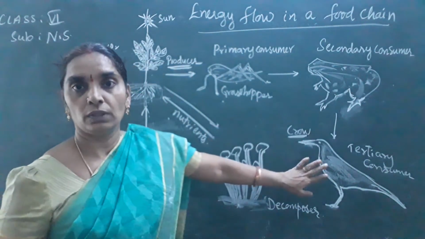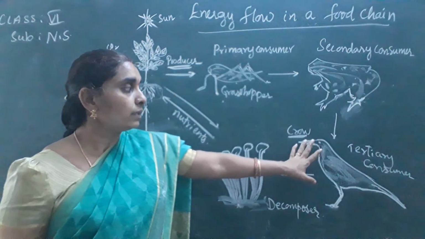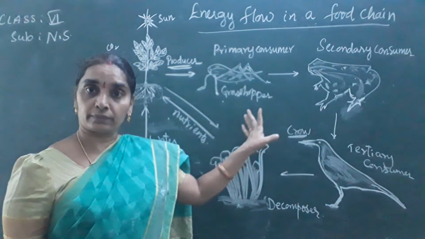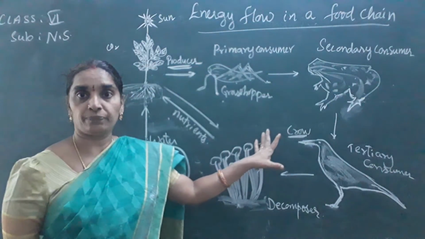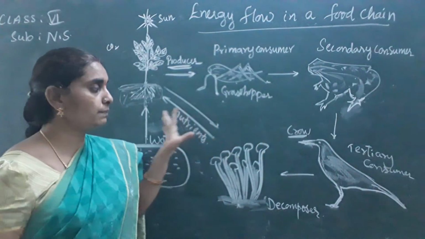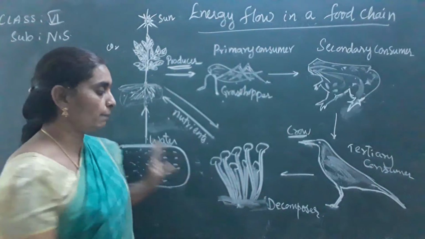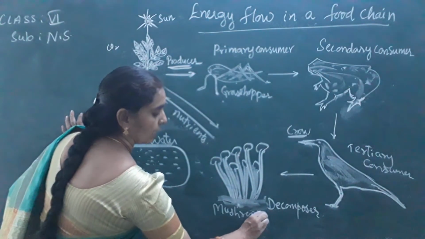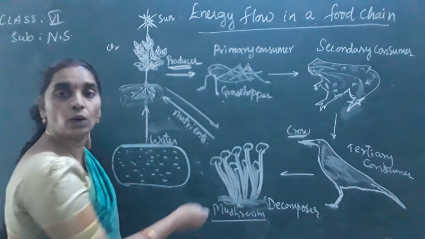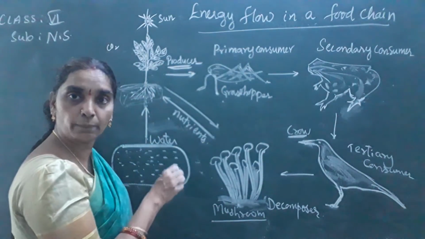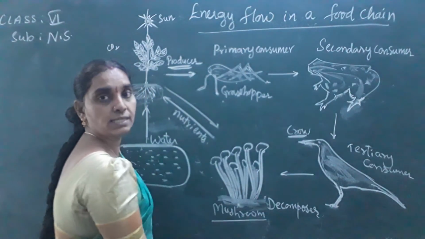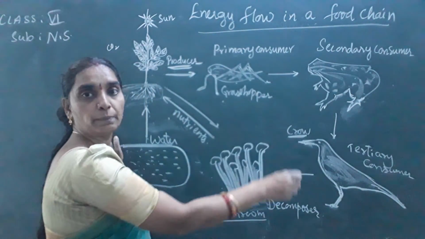And all the plants and animals die after some time, isn't it? So they become rotten. So these are mushrooms. Mushrooms, as I said, depend on dead and decayed organic matter for their food. So they form decomposers. They decompose the organic material.